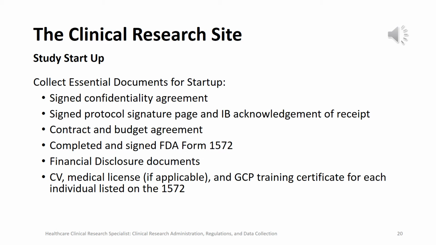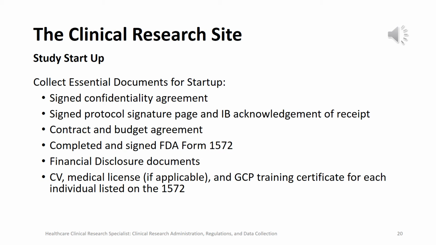That will be the statement of investigator. That's the contract between the FDA and the investigator. And then we're going to collect financial disclosure documents. We've already gone into previously what financial disclosure is all about, so we need to collect those from each person that's listed, each sub-investigator that's listed on that 1572.